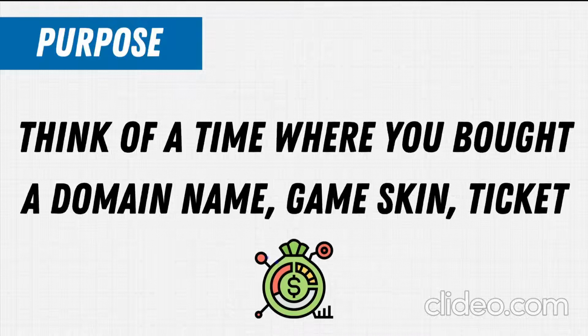Well, think of a time where you bought a domain name, a game skin, a ticket, right? Just purchasing online in general makes all the difference in the world. Purchasing a domain name is very traceable, right? ICANN is tracking that this person bought it, and we have WhoisGuard.